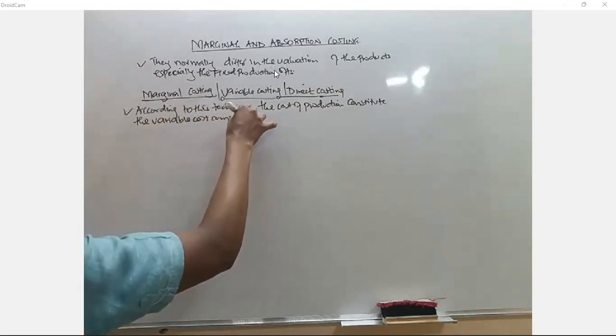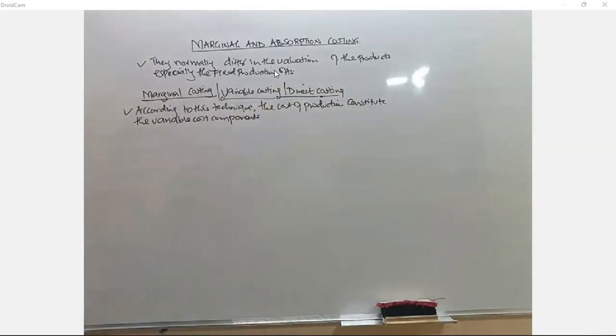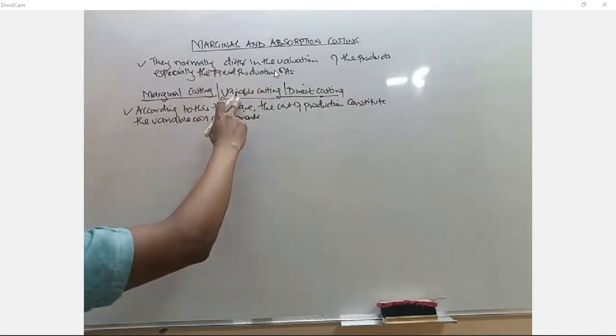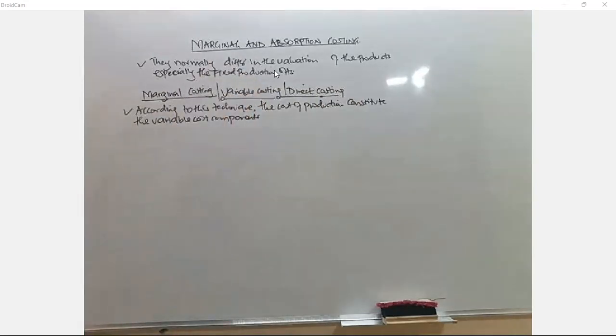So when you are preparing your income statement, marginal costing does not recognize the fixed production overheads. That is why it is called variable costing, because it captures the variable cost only.